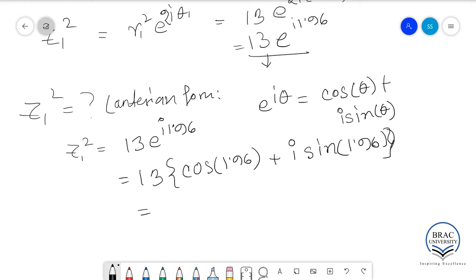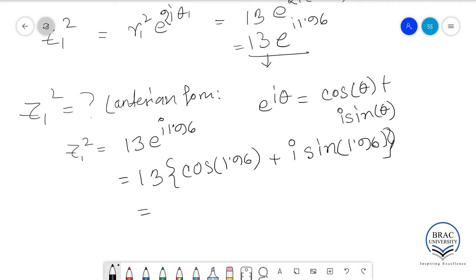Now let's multiply 13 with cos 1.96, and we have to multiply 13 with sine 1.96 as well. So let's see what that gives us.